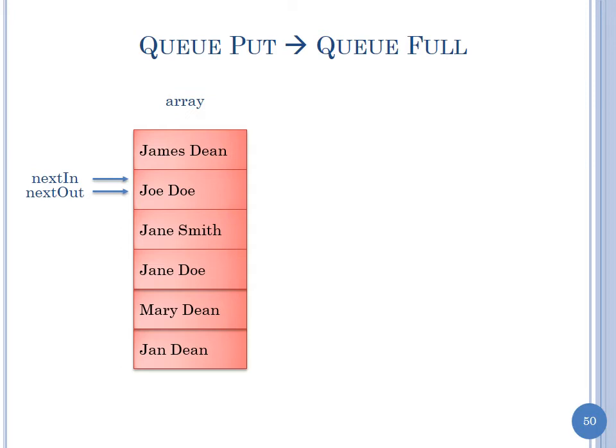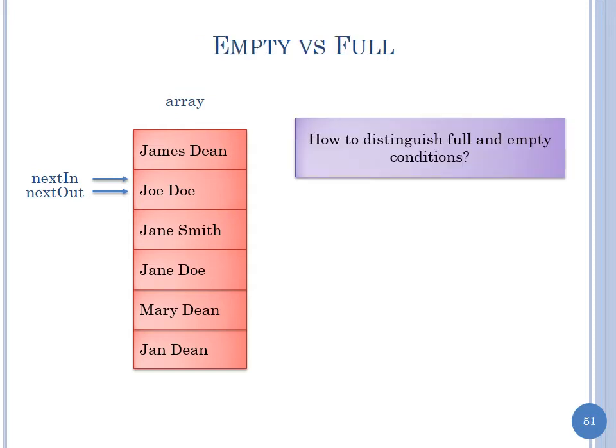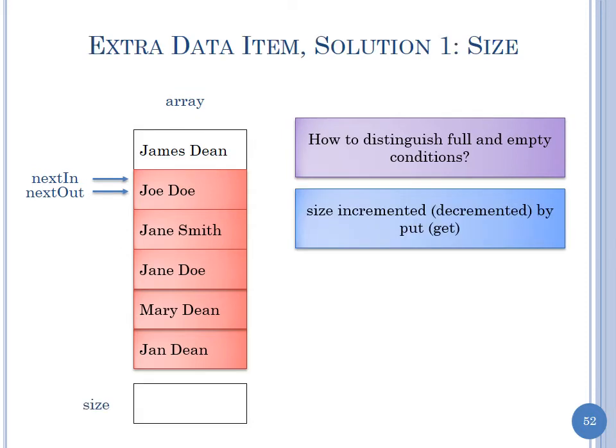So given our data structures, there is no way to tell between the full and empty conditions. The solutions that have been proposed all say let's keep some more state. John Ray suggested two ways of keeping state, and Chris suggested a third way, remembering what was the last operation done.